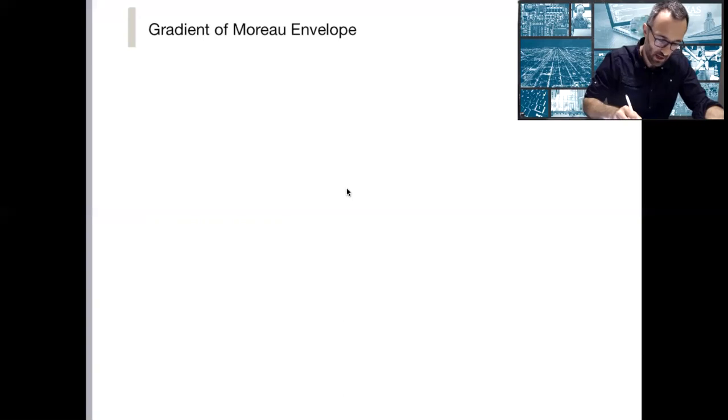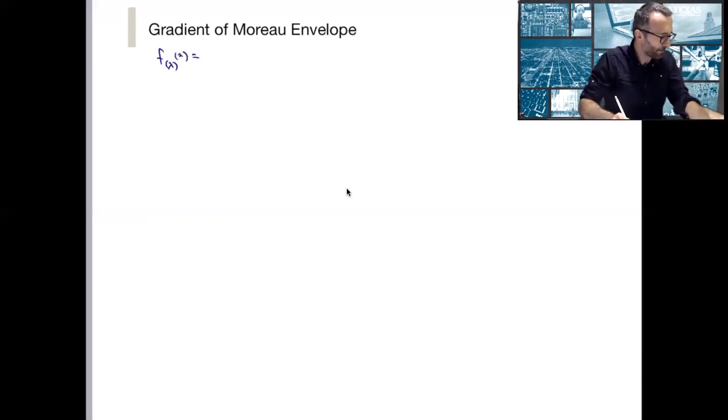So again, writing down what we have, f lambda of x is equal to the infimum over u of f of u plus 1 over 2 lambda times the norm of u minus x squared.